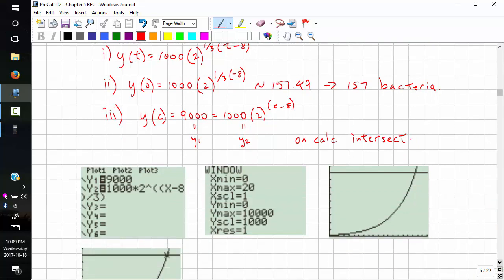So we know our answer is 9,000, so we should set our Y min to 0 and our Y max to 10,000. So our range is going from 0 to 10,000. If you set your scale to 1000, you get nice evenly spaced dots here rather than a solid line. We enter 9000 and we enter our y2.